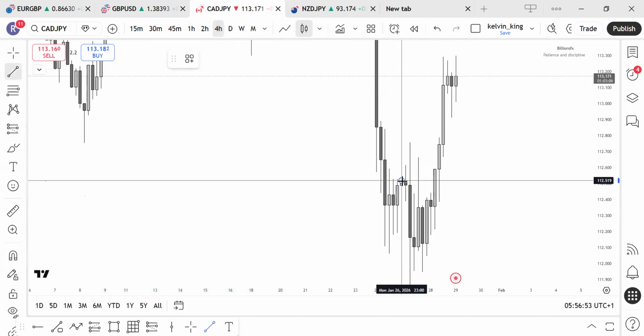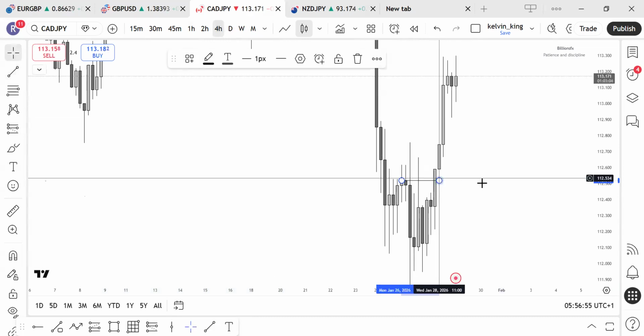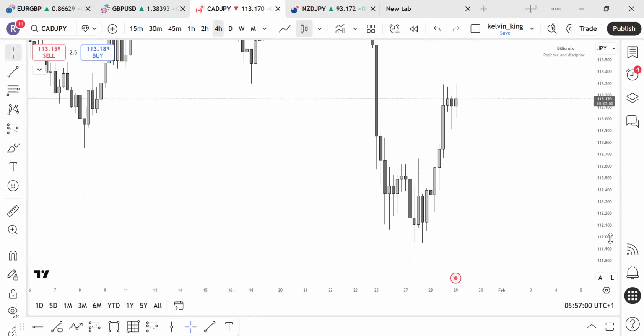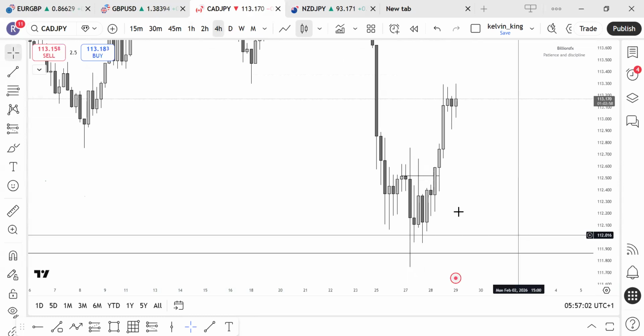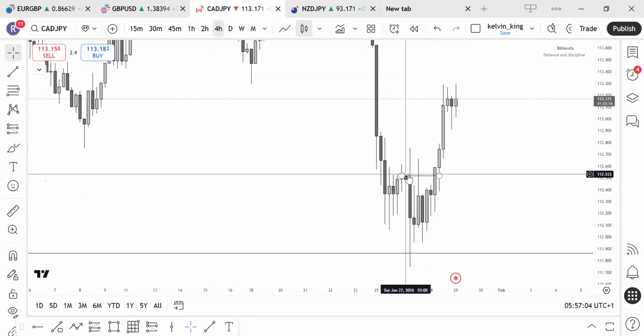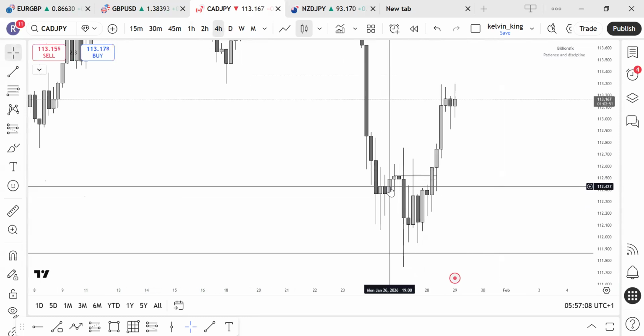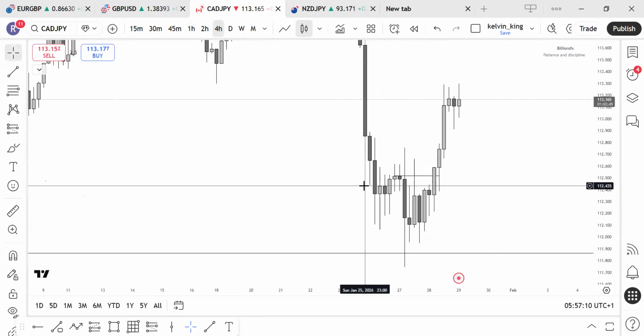Yes. Now, if you notice, that 4 hours breakout came with a third candle rejection. Correct. Can you see it? Yes, chief. Now, because that level came with rejection, I remember I explained during the last class that some breakouts do come with entries, while some you have to wait for entries to be created.